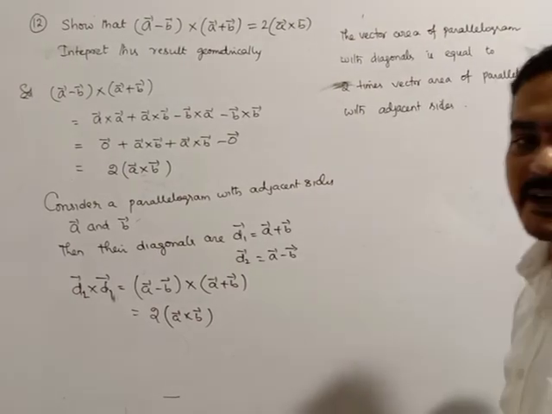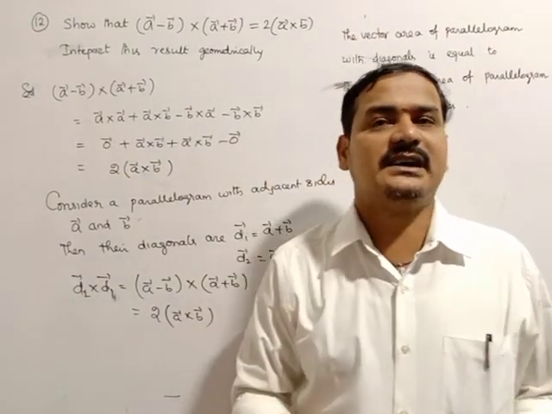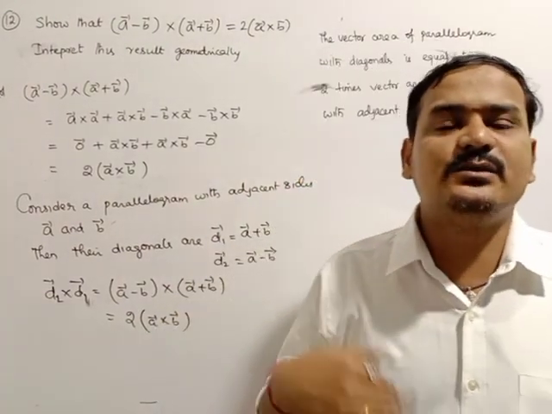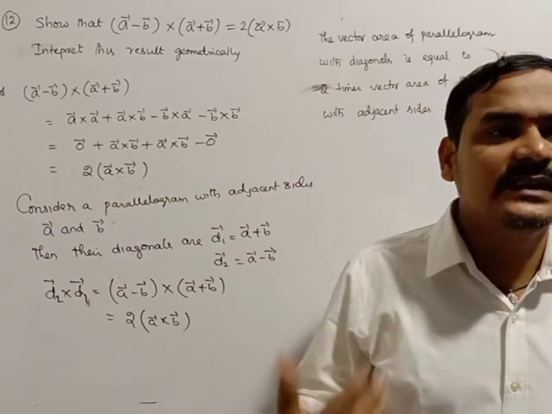This is the geometrical meaning of this concept. The vector area of a parallelogram with the diagonals is always equal to 2 times the vector area of the parallelogram with adjacent sides.